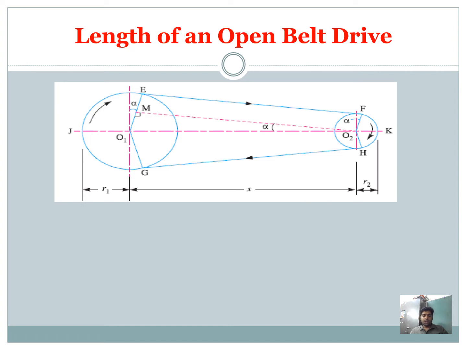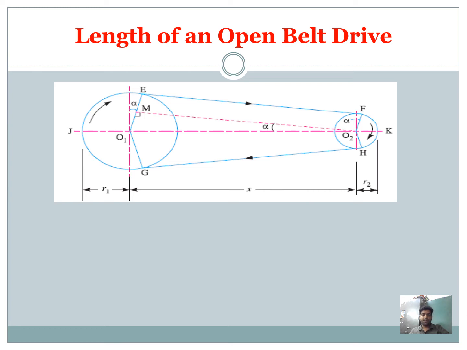In this figure, I just put two pulleys. The left hand side is the bigger pulley and the right hand side is the smaller pulley. I am naming all the parts of the open belt drive.